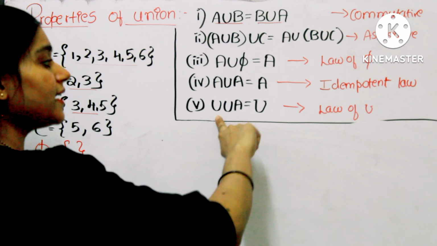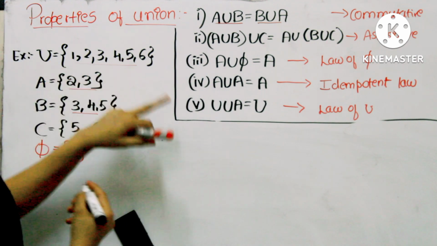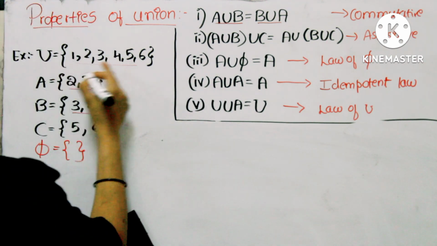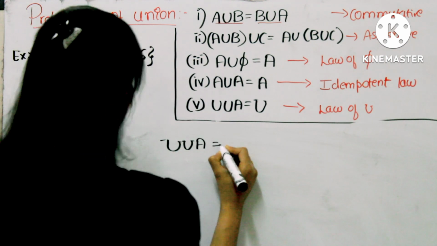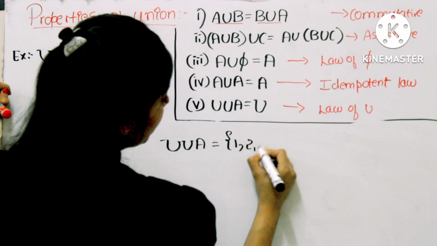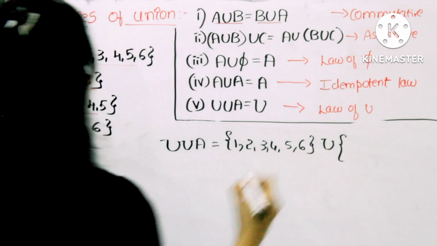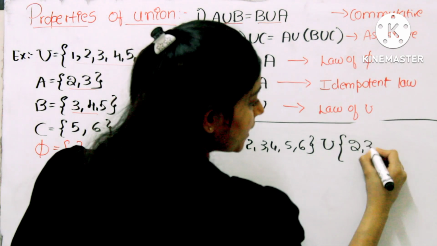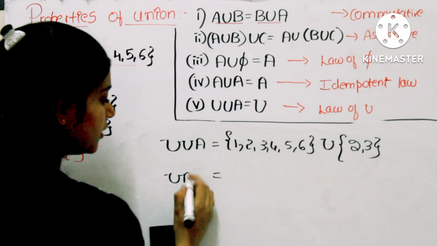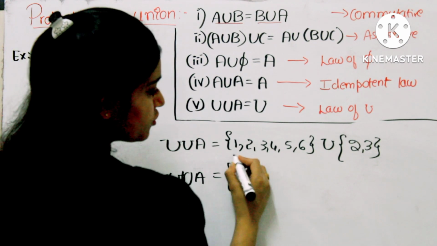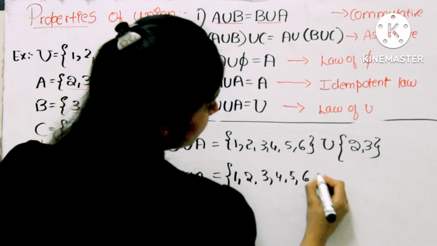Next, universal set union A is equal to, again you get universal set. Let's take universal set union of A. Universal set is 1, 2, 3, 4, 5, 6, union A, which is 2, 3. So U union A is equal to, first you should write all the elements in U: 1, 2, 3, 4, 5, 6.